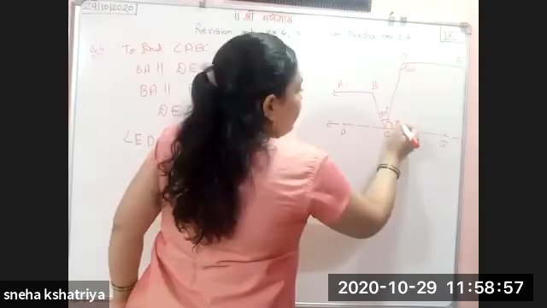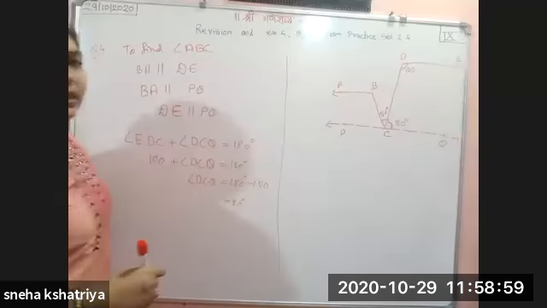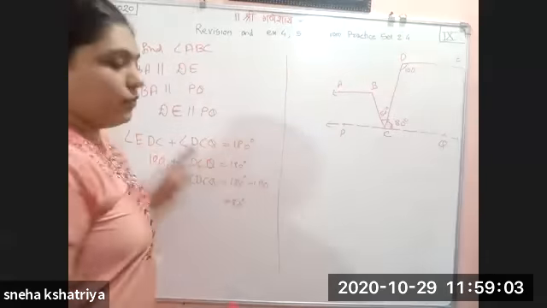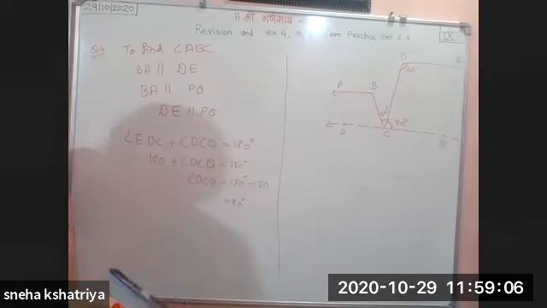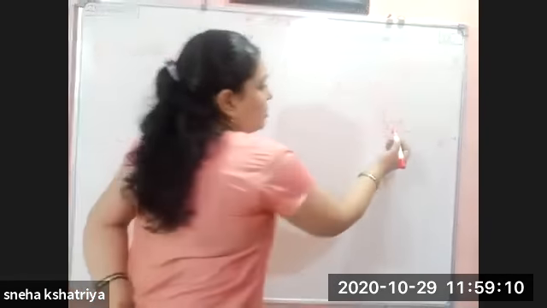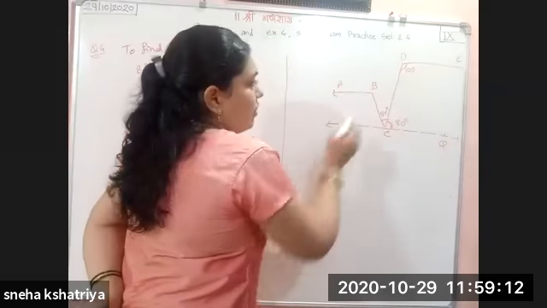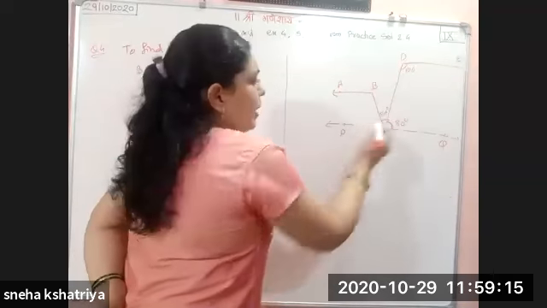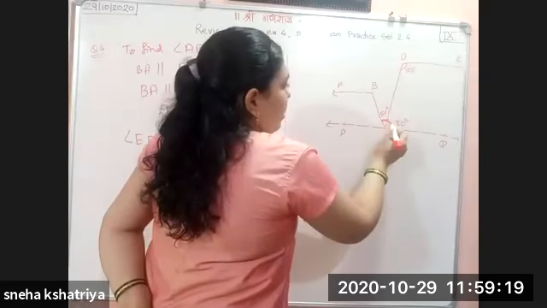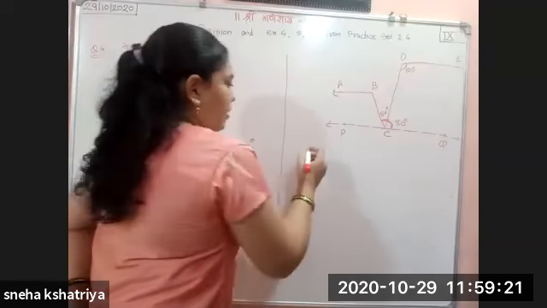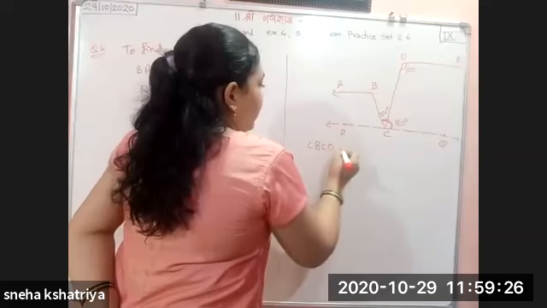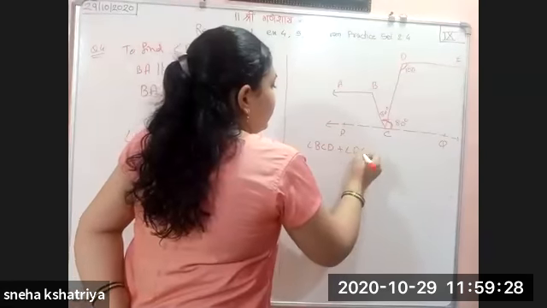So this value becomes 80 degrees. So simple. I am just giving you a hint; you can write the proof. I am giving you a short answer. This becomes 80, this becomes 50. We need the value of ABC. If we add these two angles, what we get is angle BCD plus angle DCQ.